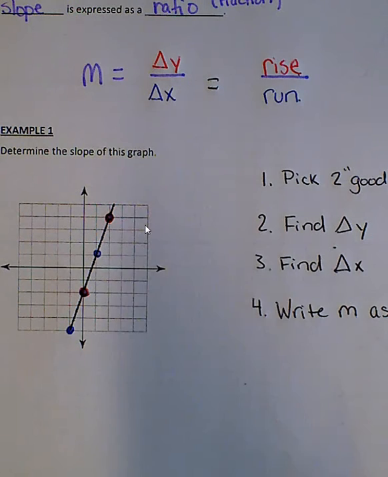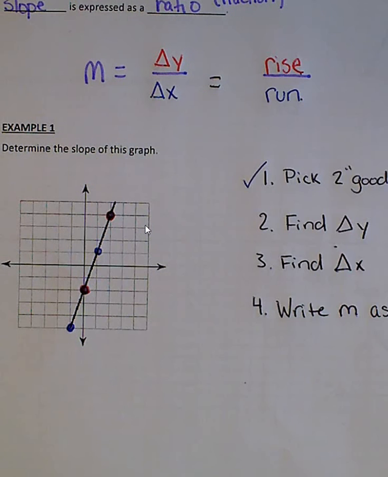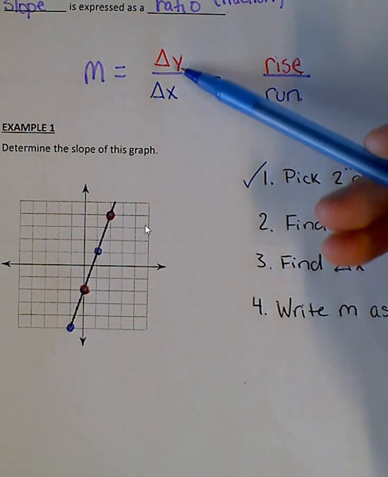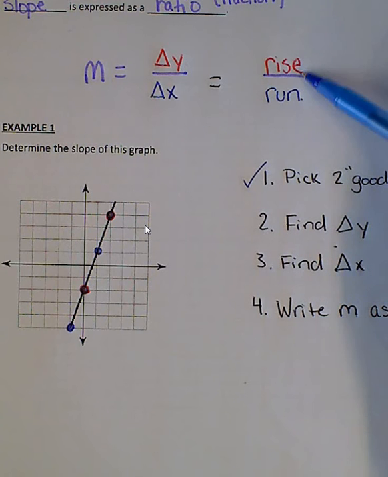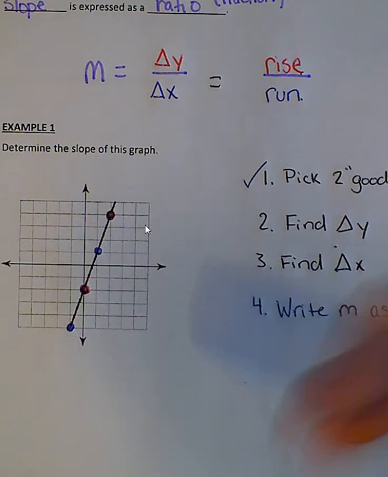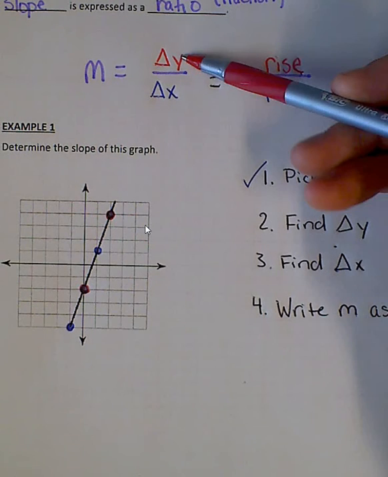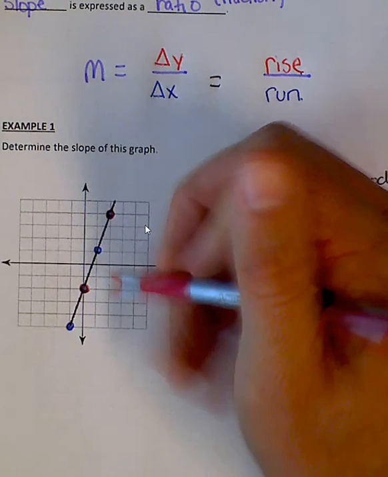So we pick 2 good points. Let's find the change in y. The change in y is asking how much the graph is changing up and down, or how much it is rising. The change in y is in red, so I'll say this is the change in y.